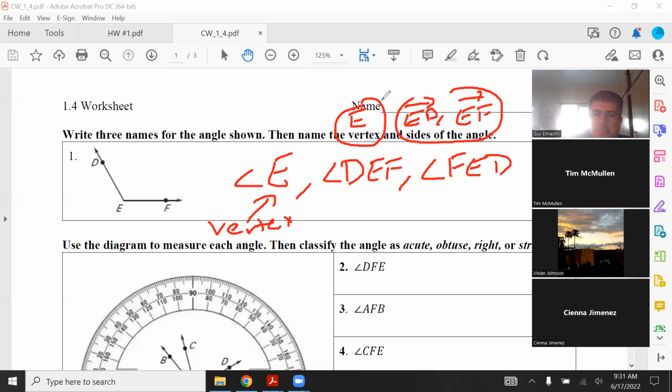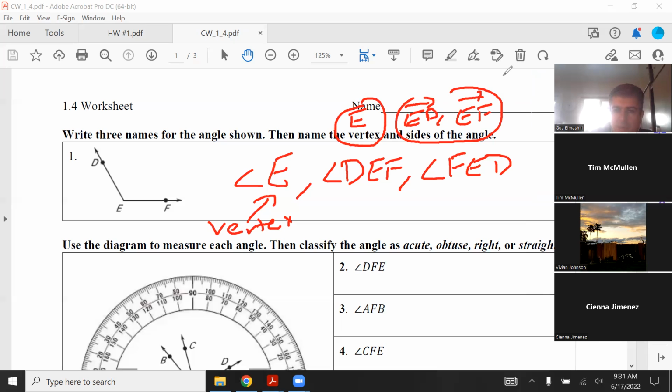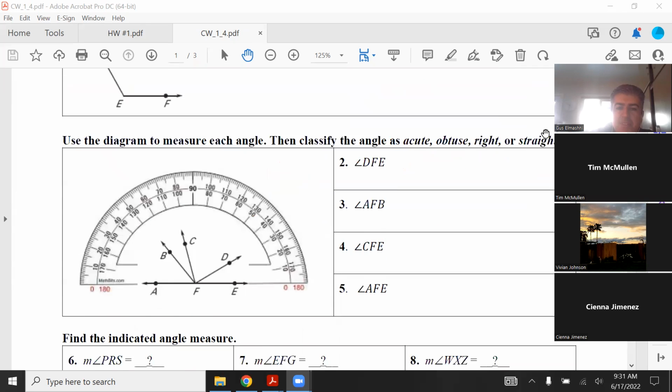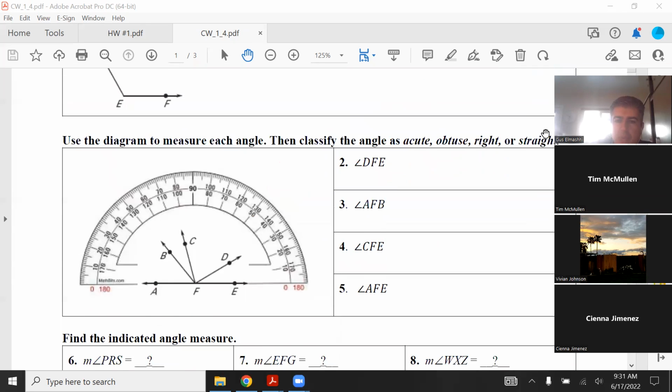Okay, so let's do this as a group chat. And it's okay if you miss questions. Don't worry, totally okay. So what I'd like you guys to do is just type in the chat what you think each of these classifications will be. So DFE, which is right here, is DFE going to be acute, obtuse, right or straight?